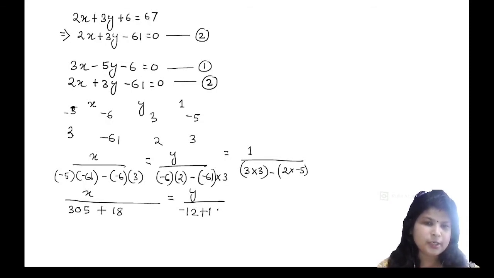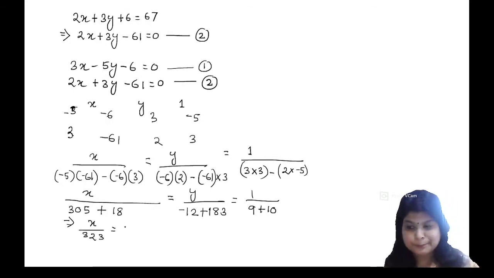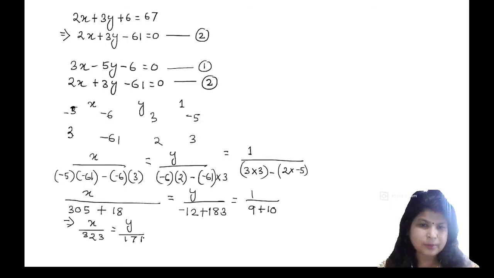It is 183, is equal to 1 divided by 9 plus 10, because you have a minus 5 here. So you will get x divided by 323, that is equal to y divided by 183 minus 12, 171, that is equal to 1 divided by 19.